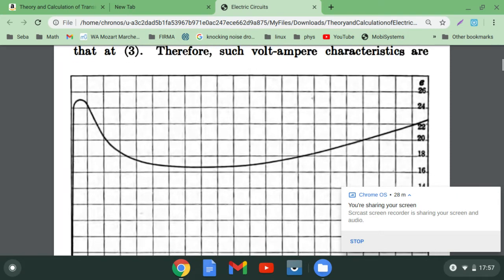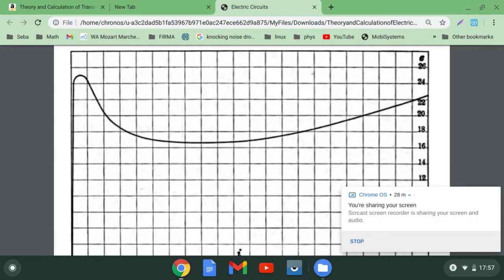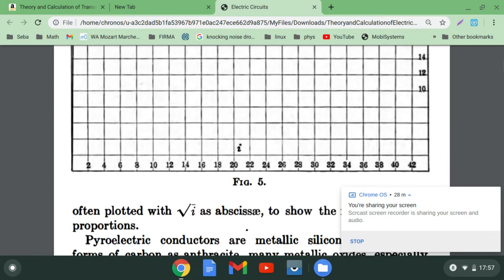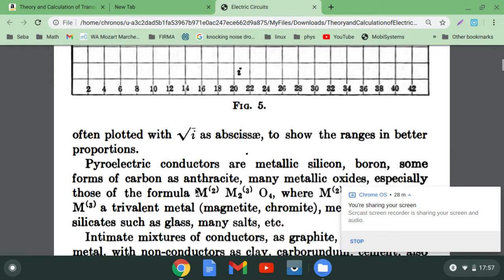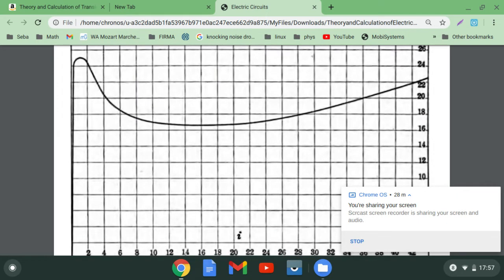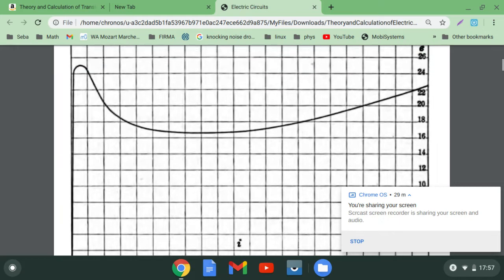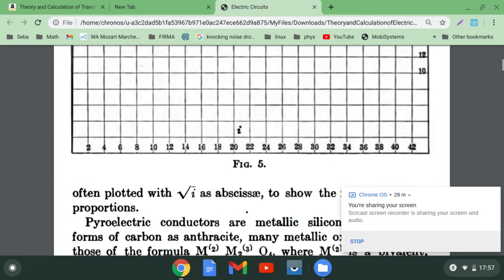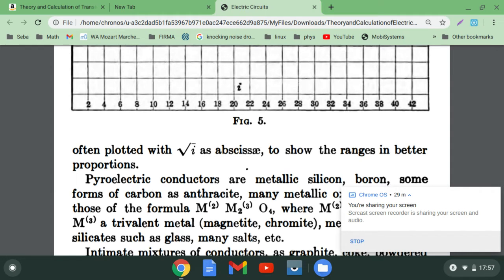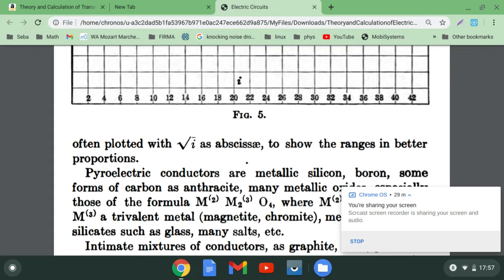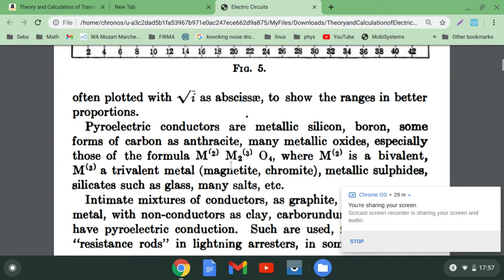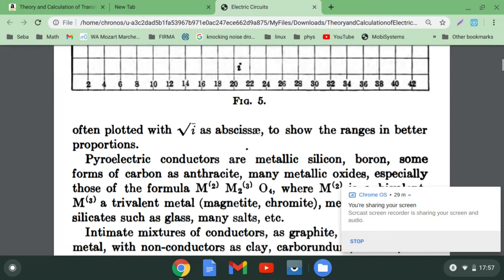Therefore, such voltage ampere characteristics are often plotted with square root of I as abscissa to show the range in better proportions.